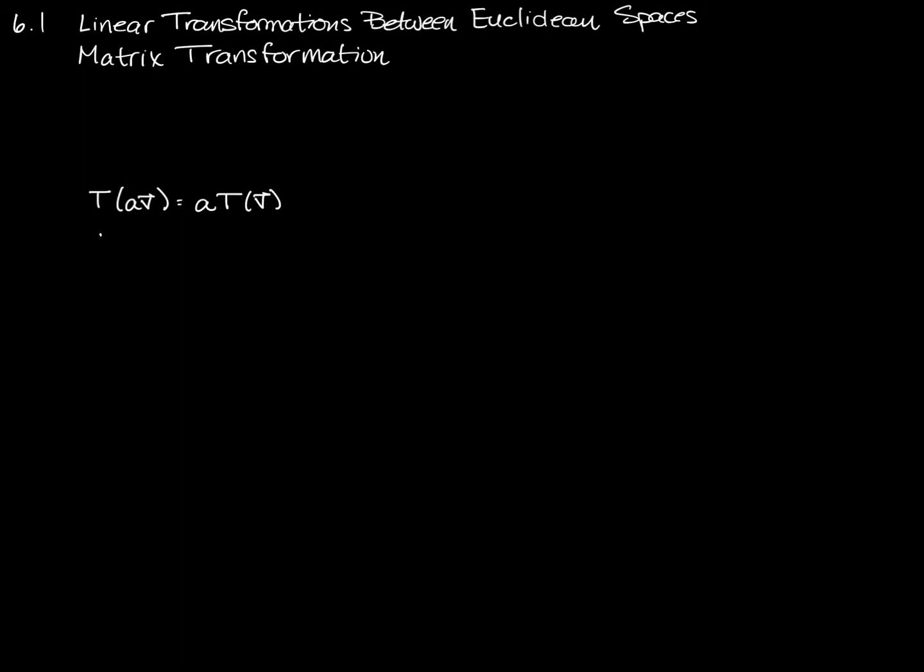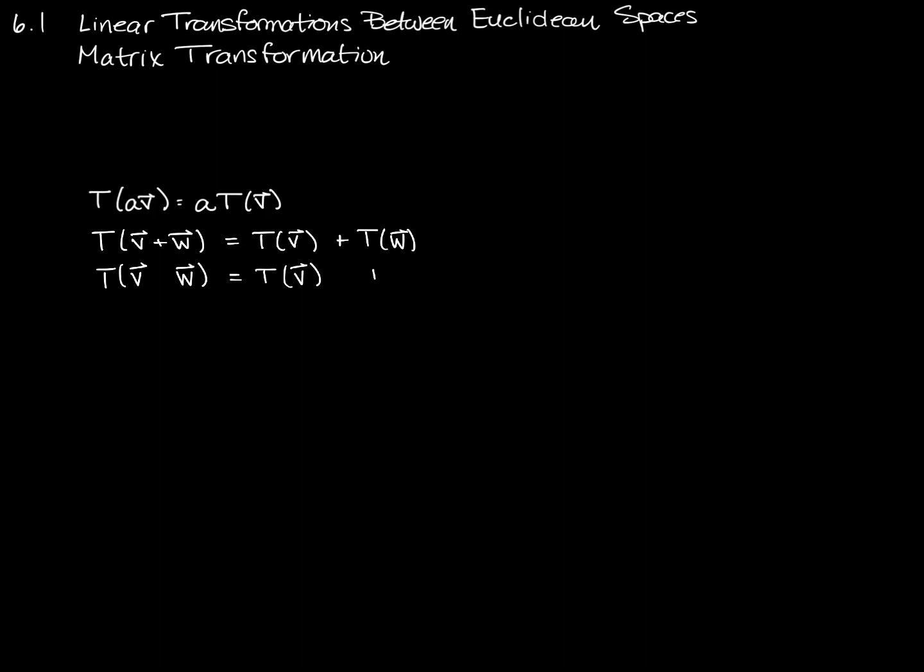We also have that the transformation of a vector V plus W, again in the earlier section they used U plus V, but I don't know, they're not doing that here, is equivalent to taking the transformation of V and the transformation of W separately and then adding them together, you'll get the same thing. And there's a third one listed here, and I don't really feel it's necessary to write this one, but we'll just do it anyway.